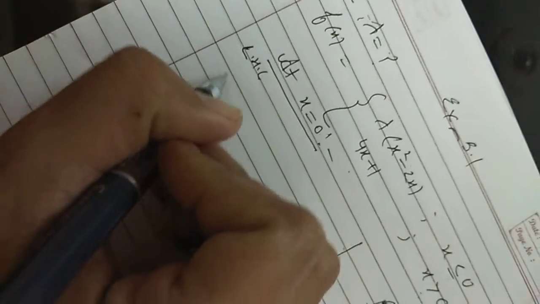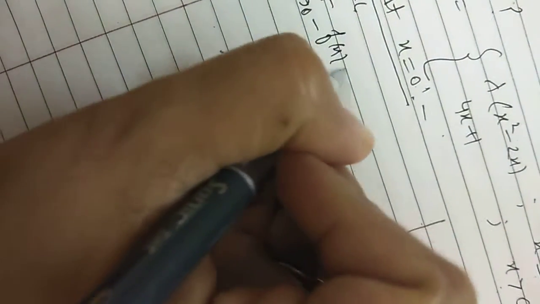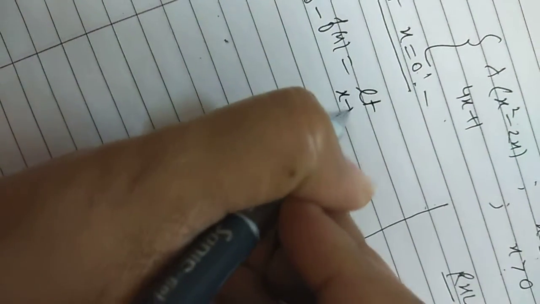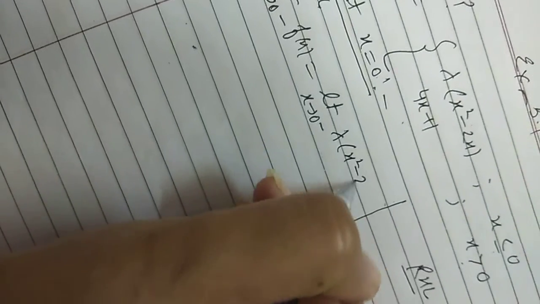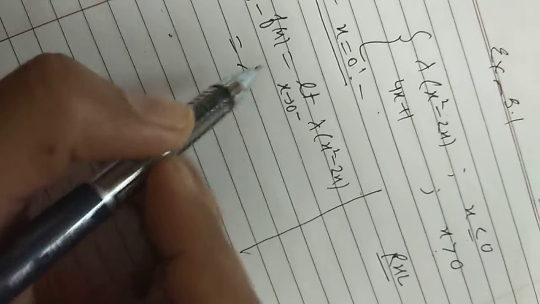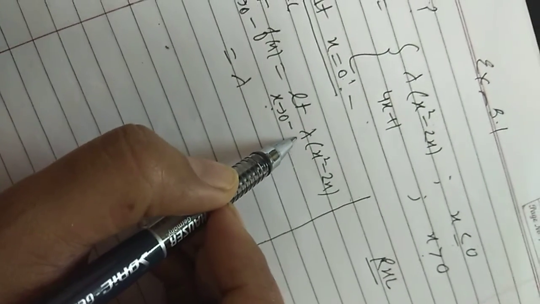When we find the LHL, it is the limit as x approaches 0 from the left of lambda into x square minus 2x. Lambda is a constant, independent of x, so whatever the limit, it will not affect the value of lambda.